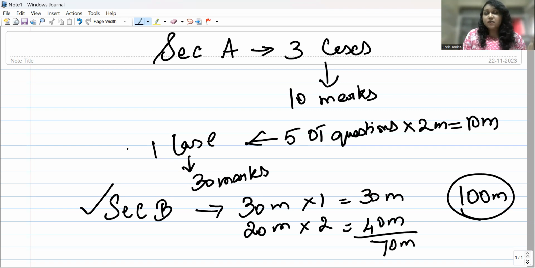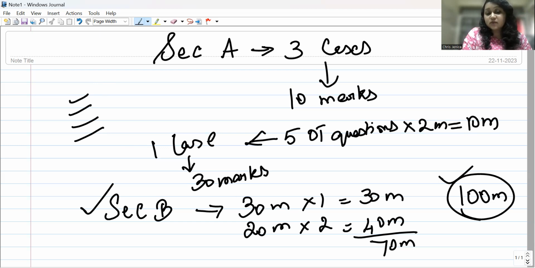Though you write paragraphs of answers, it might not be correct because you don't know what exactly you have to write. So if you're clear that yes, these are the points I have to list out, these are the descriptions that I have to give, these are the explanations that I have to give for my points, then you can manage your time appropriately and complete the 100 marks. That's what I'm going to discuss now in this video.